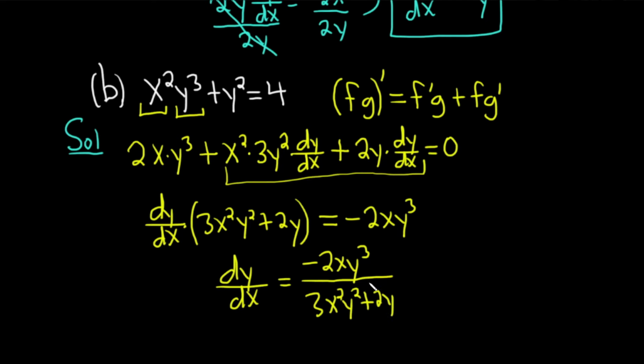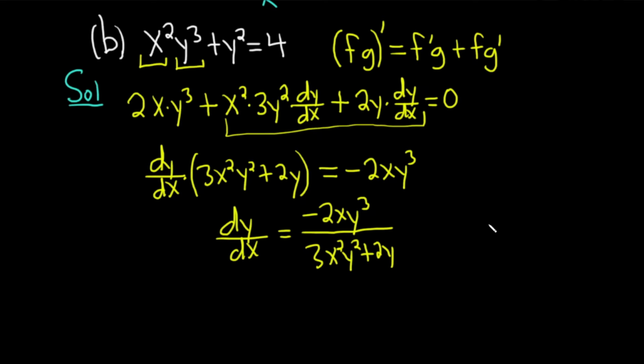And unfortunately, we're not done. There's actually something else that we can do here. It's basically to factor out a y in the denominator and cancel. So we have negative 2x y cubed, and in the denominator, we have a common factor of y. So y parentheses 3x squared y plus 2.